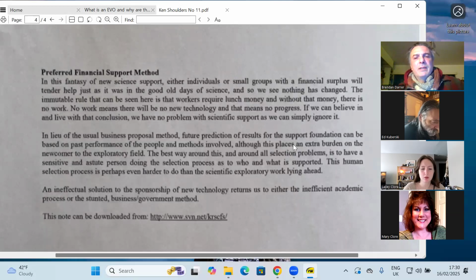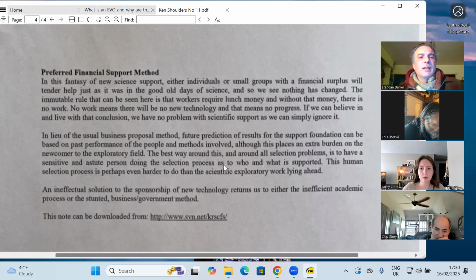Although this places an extra burden on the newcomer to the exploratory field, the best way around this and around all selection problems is to have a sensitive and astute person doing the selection process as to who and what is supported.